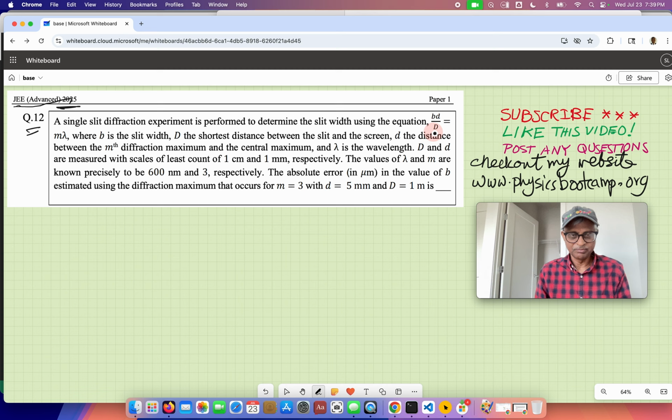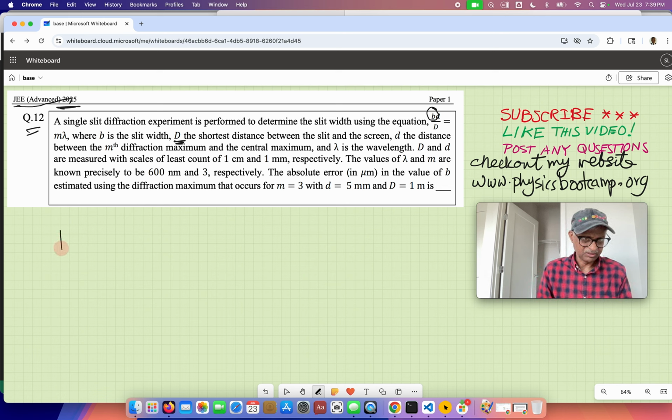So here is a diffraction grating formula. A single slit width is B, and it's performed using this equation. B is the slit width, and D is the distance, like this.